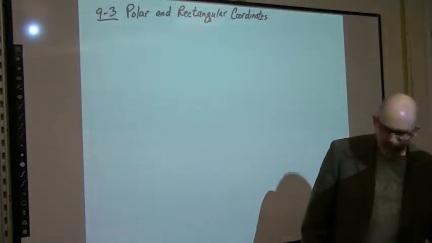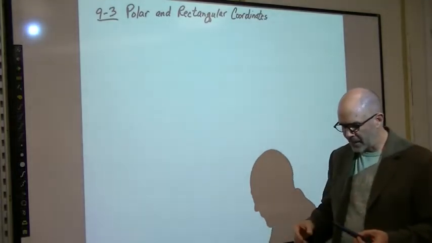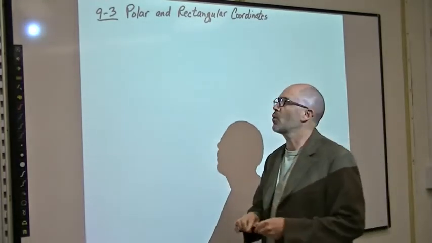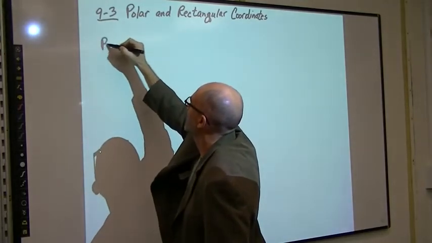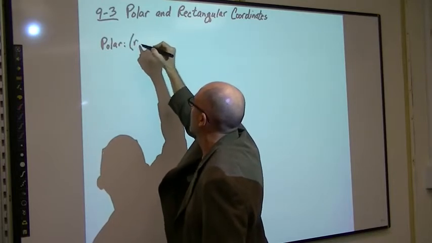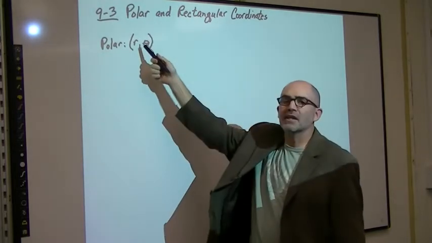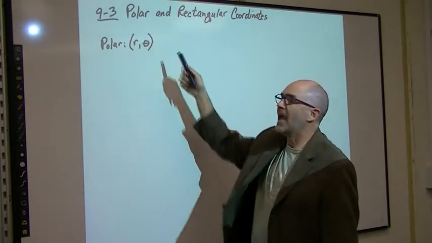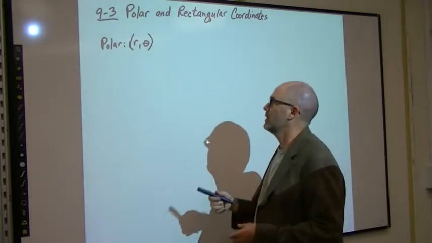Okay, so first of all, like we've been talking about for the last couple of days, polar coordinates are some r, theta. Meaning some distance from the center and some angle, some direction. So distance, direction.